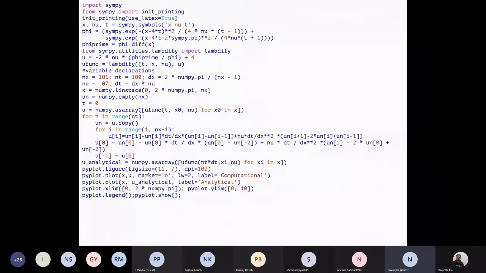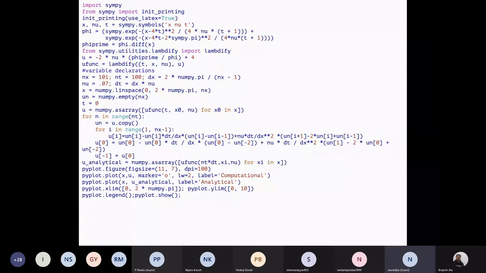I have used basically SymPy in it to calculate the derivative of the function phi. And here is the for loop line, for loop on i: u_i equal to u_i minus u_i dt by dx times u_i minus u_(i-1). This line is the important line which I have used. The remaining lines are just for plotting all those kind of things and finding the derivative through SymPy.